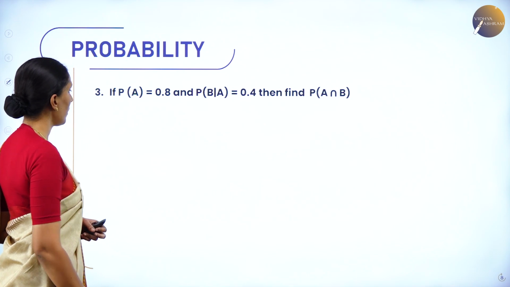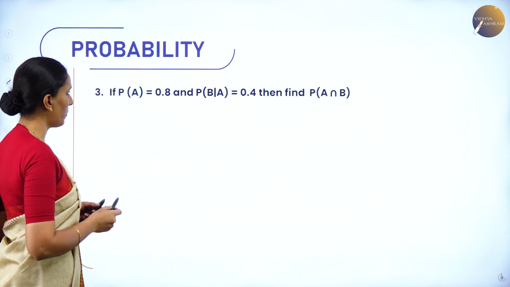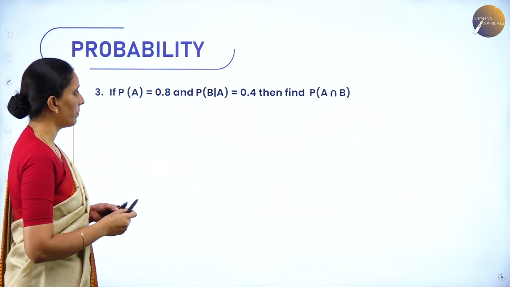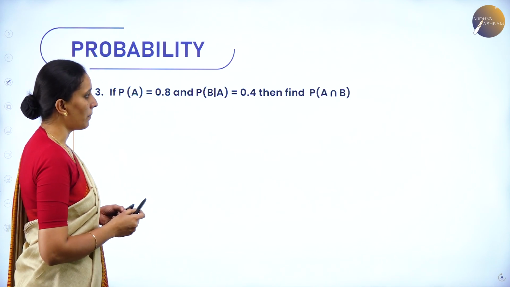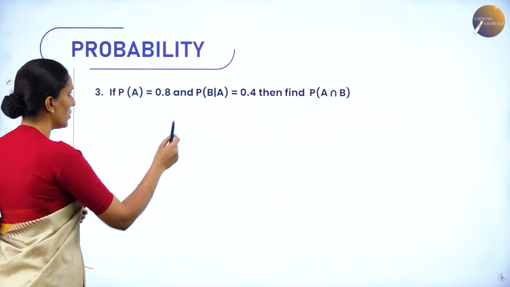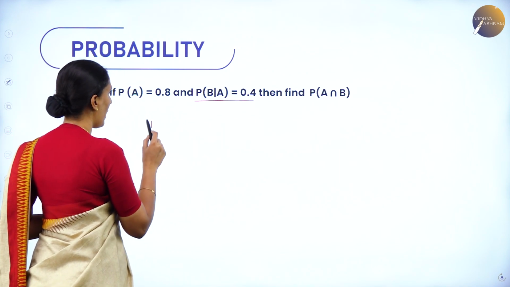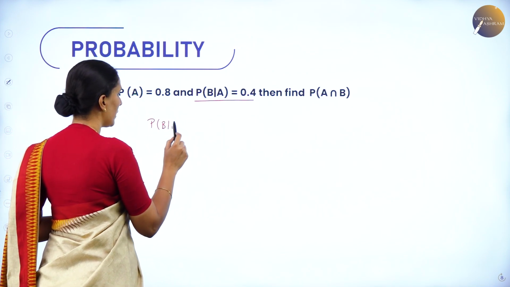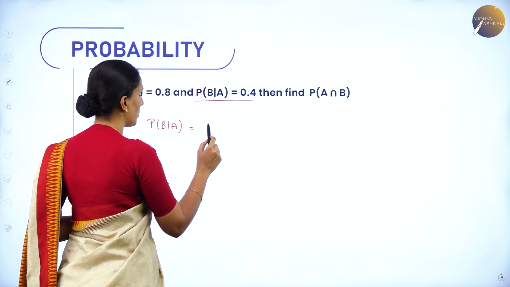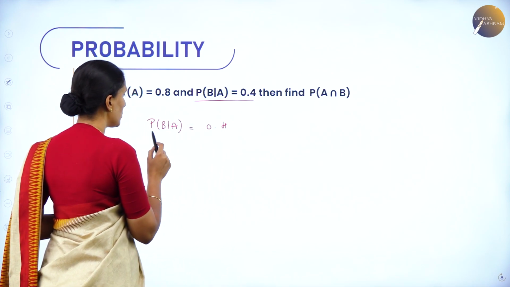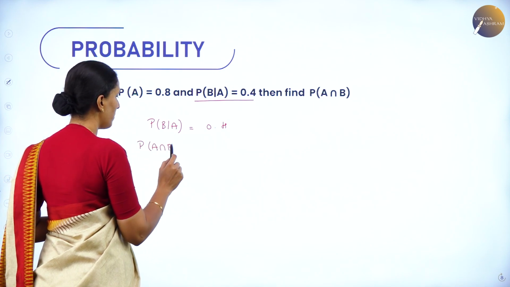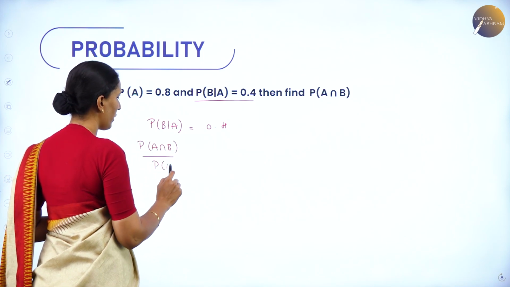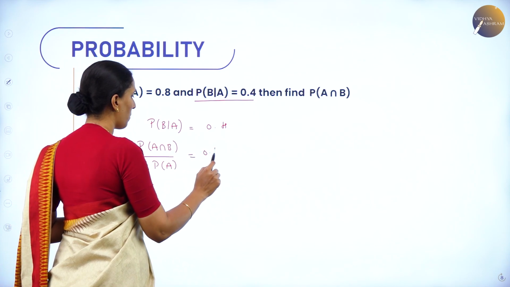Next, if probability of A is 0.8 and probability of B given A is equal to 0.4, then find probability of A intersection B. So using this, probability of B given A is equal to 0.4. So B given A can be written as probability of A intersection B divided by P of A, which is equal to 0.4.